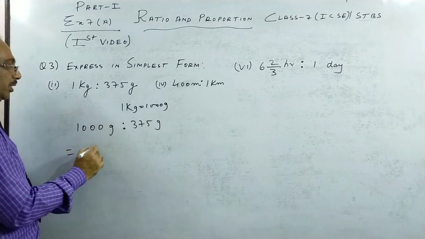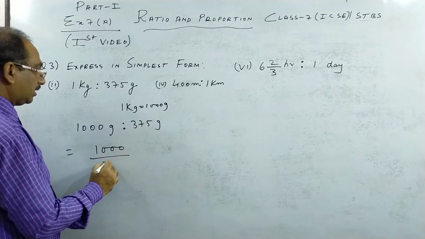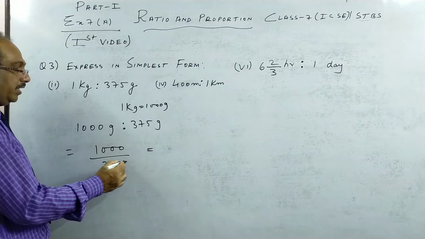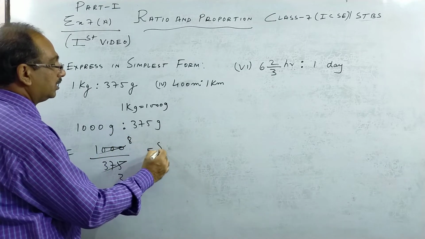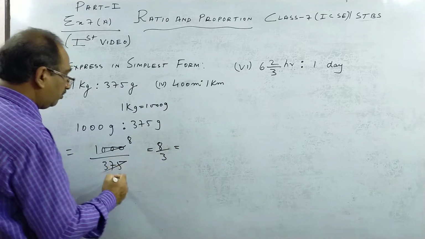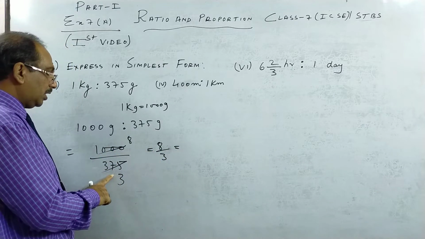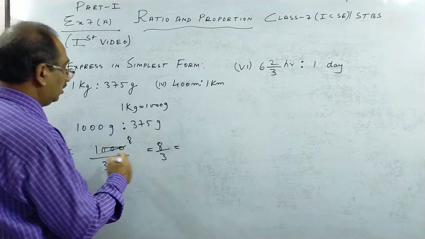So it should be of same kind and same unit. Once you cancel by HCF, which will be 125, it is 8 by 3. It goes by 125: 3s are 125, 2s are 250, 3s are 375, 4s are 500, and 8s are 1000.